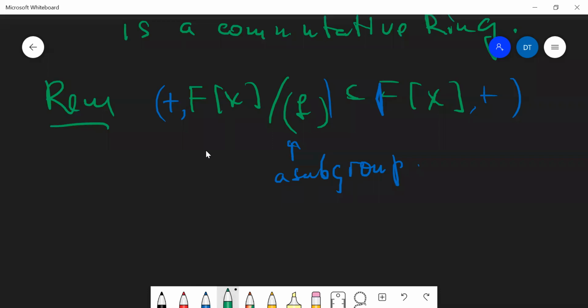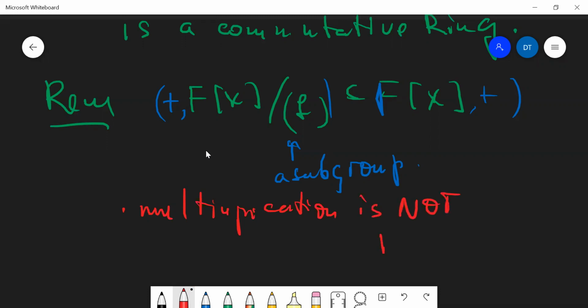But if we add multiplication, this inclusion does not preserve multiplication. Which means that if you multiply two elements here and the same two elements there, the result will be different.